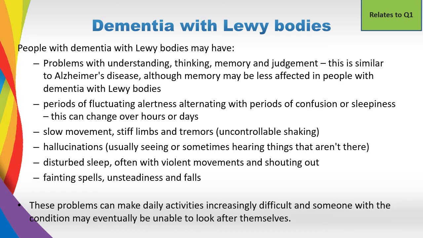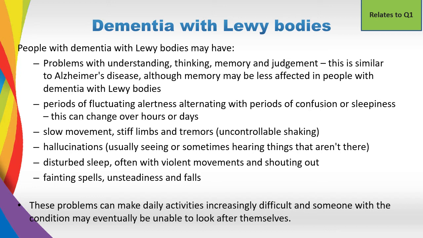Periods of fluctuating alertness, alternating with periods of confusion or sleepiness. This may change over hours or days, so somebody could be fast asleep for an hour and then wide awake for the next hour and fast asleep again, but it could be fast asleep for a full 24 hours. They may have slow movements, stiff limbs and tremors, which are uncontrollable shaking.